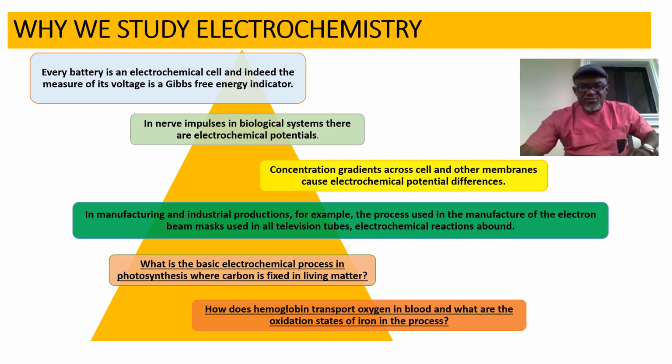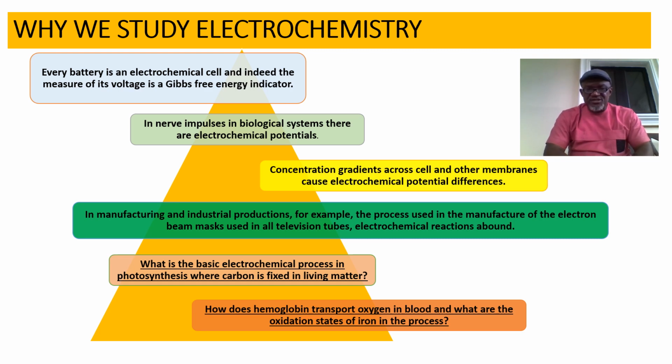How does hemoglobin transport oxygen in blood? And what are the oxidation states of iron in the process? Remember that iron is there. In fact, iron is the major constituent that forms the complex for hemoglobin. If you look at the structure of hemoglobin, you'll see iron there.